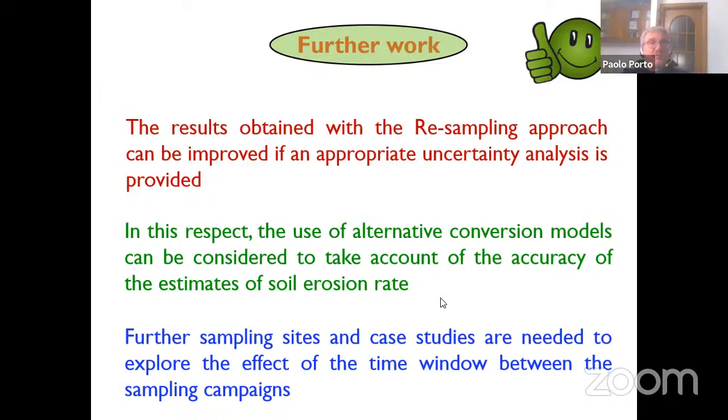So we tried to reconstruct the cesium fallout using average national data. And we measured also on a reference area the total amount of cesium. That means that we selected an area that wasn't investigated in the past, a reference area. We did a stratigraphic analysis because we collected many samples and we got the profiles.